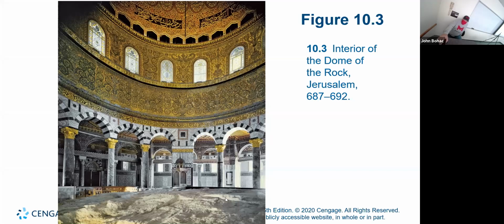Now, the Dome of the Rock, this is a kind of a contentious thing too, because this is believed to be the rock on which Abraham was to sacrifice his son Isaac.